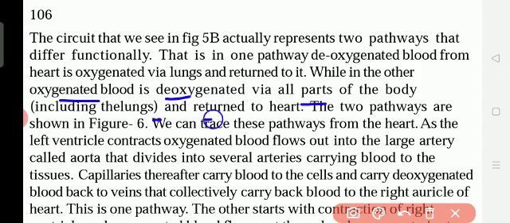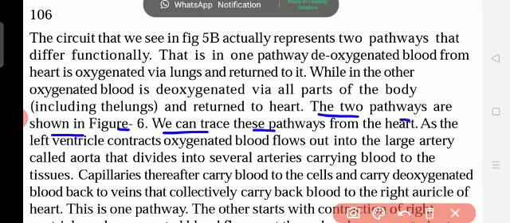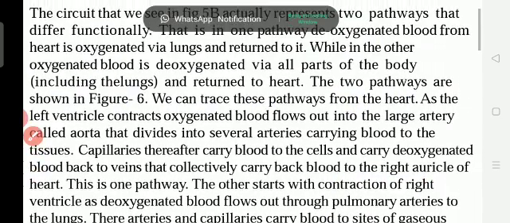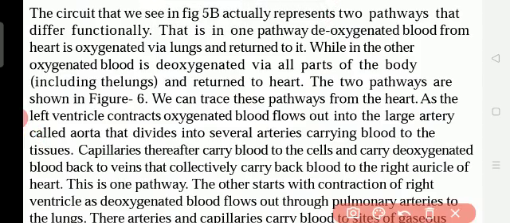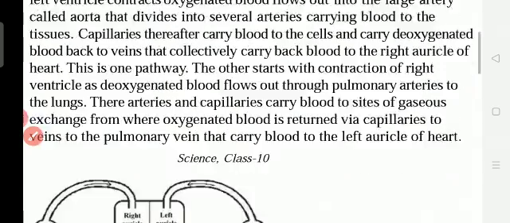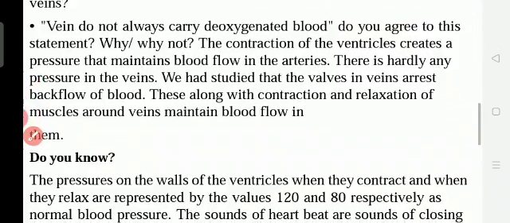The circuit that we see in figure 5b actually represents two pathways that differ functionally. That is, in one pathway deoxygenated blood, meaning impure blood, from the heart is oxygenated via the lungs. That means deoxygenated blood is taken to the lungs, and from the lungs oxygenated blood is returned to the heart.